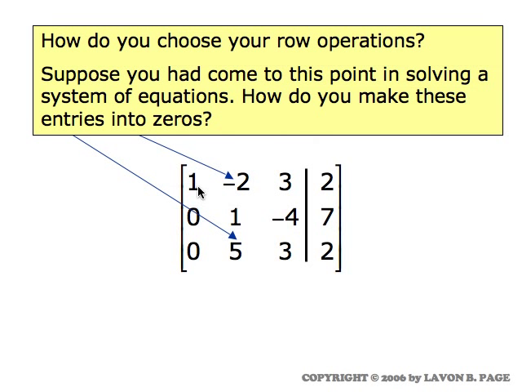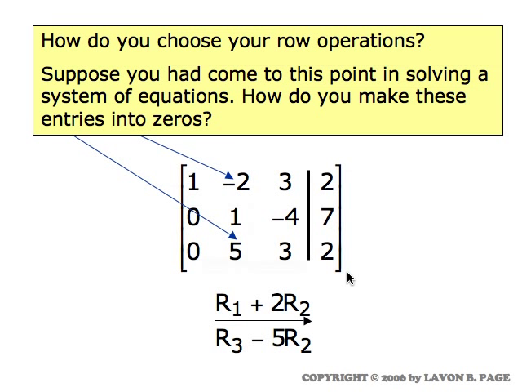We've produced the 1 in the first column and the zeros in the first column. We've moved on to the second column and produced the 1 in the row 2, column 2 position. And we're now ready to pick our row operations to zap this -2, make it a 0, zap the 5, make it a 0. What's the logic that I used in choosing the row operations to do that?